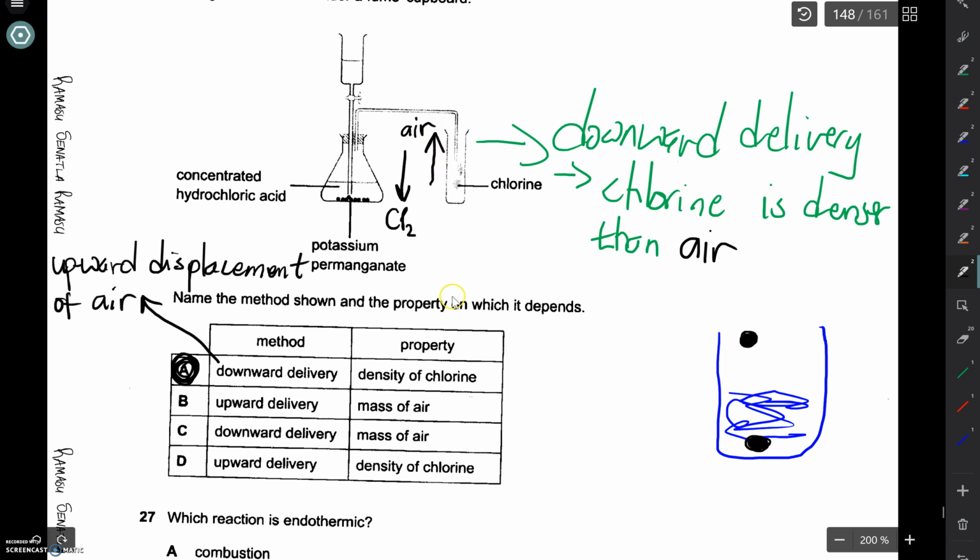You can either call it upward displacement of air because the air is being displaced upwards, or you could call it downward delivery of chlorine because chlorine is being delivered downwards.